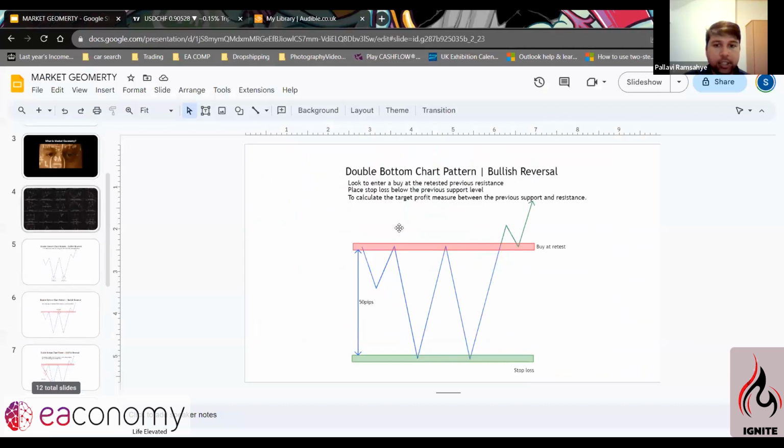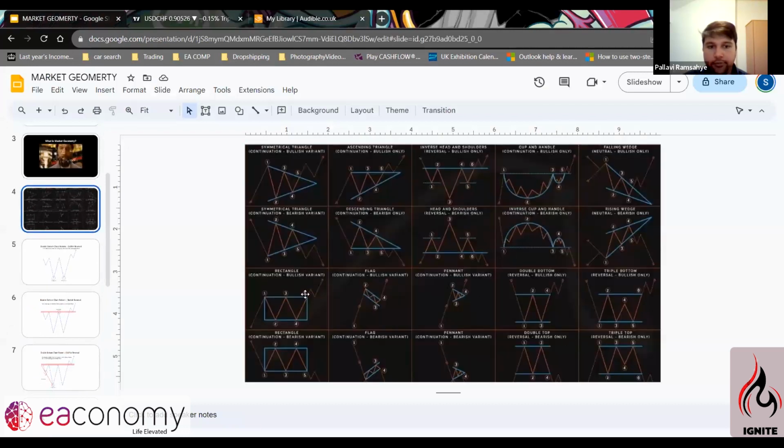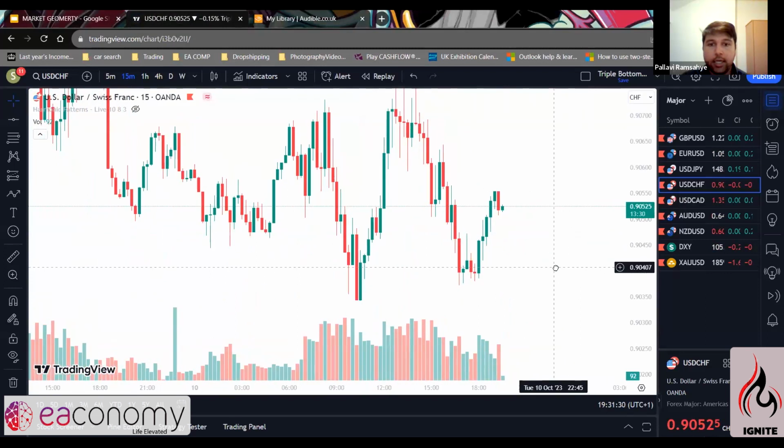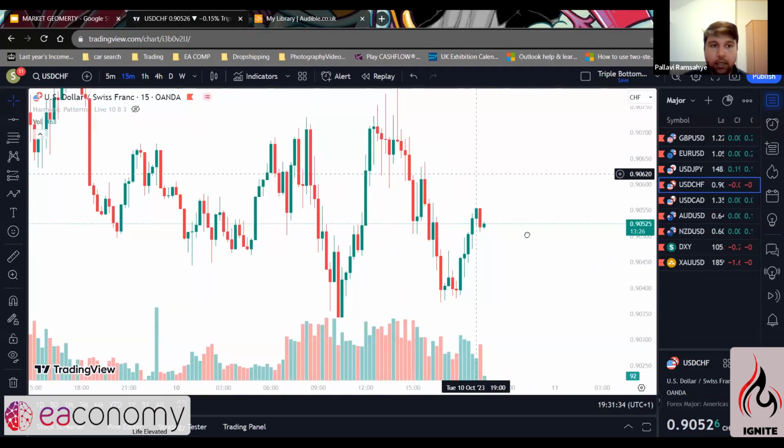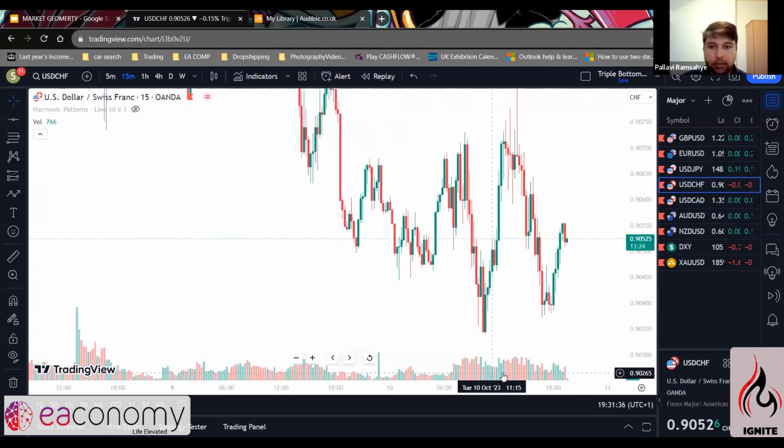So if we bring it back to this chart here, so far we've been through the rectangle and the triple bottom, but if we have the knowledge for all of these patterns, when it comes to doing your markups, analyzing the charts, again, if you see here, let's have a look at this.